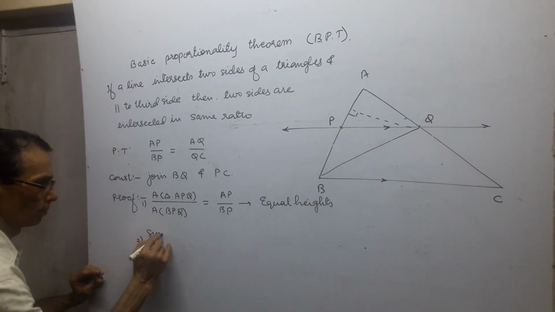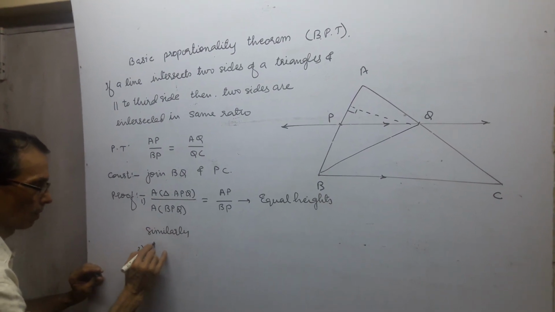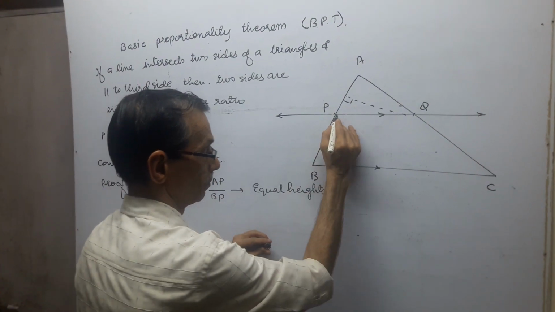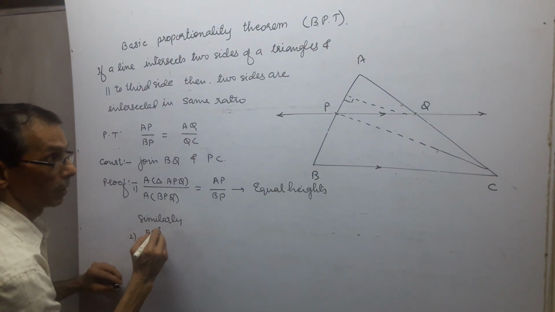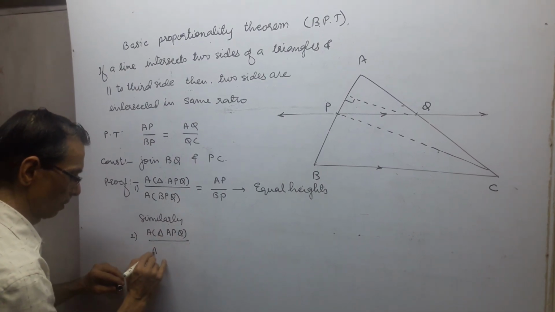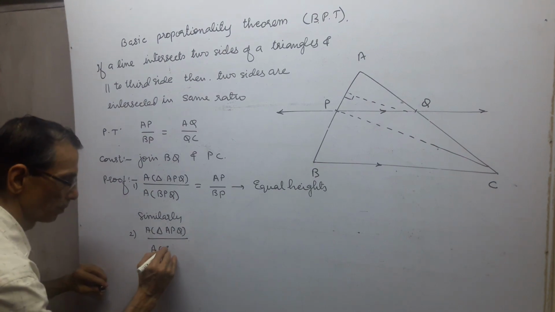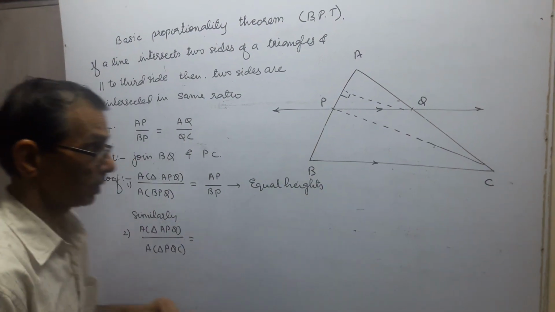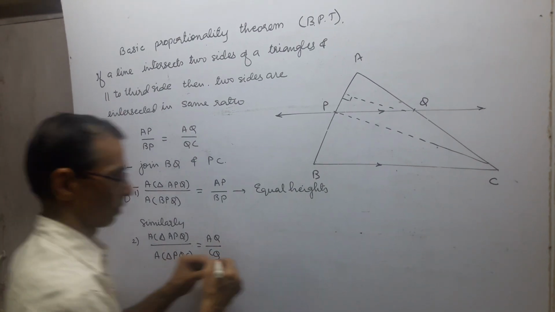Similarly, let us join this line now. So area of triangle APQ upon area of triangle PQC is equal to AQ upon CQ. Why?